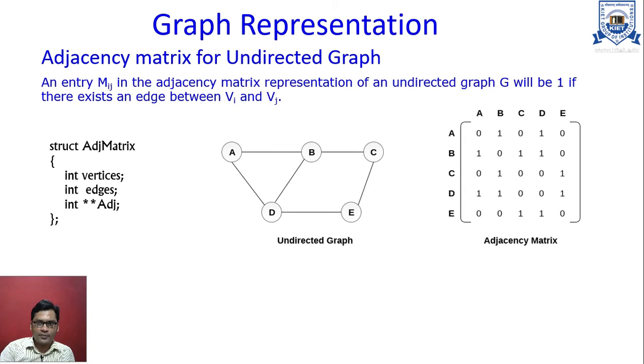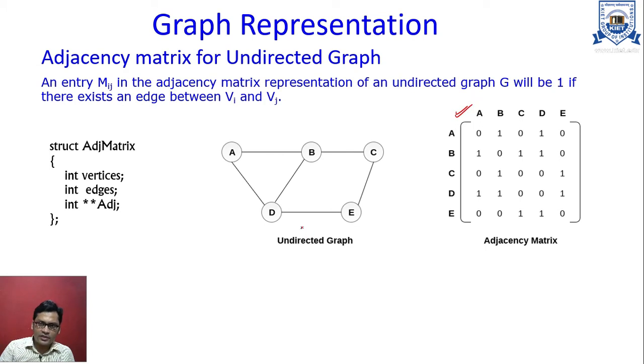Now come to graph representation. There are basically two types of representation: adjacency matrix and adjacency list representation. First I'm going to discuss the adjacency matrix.